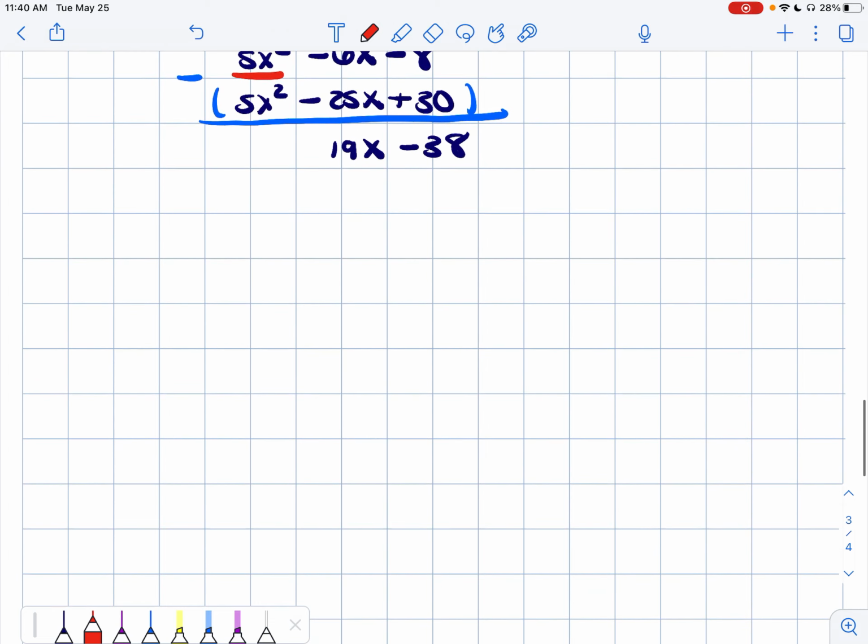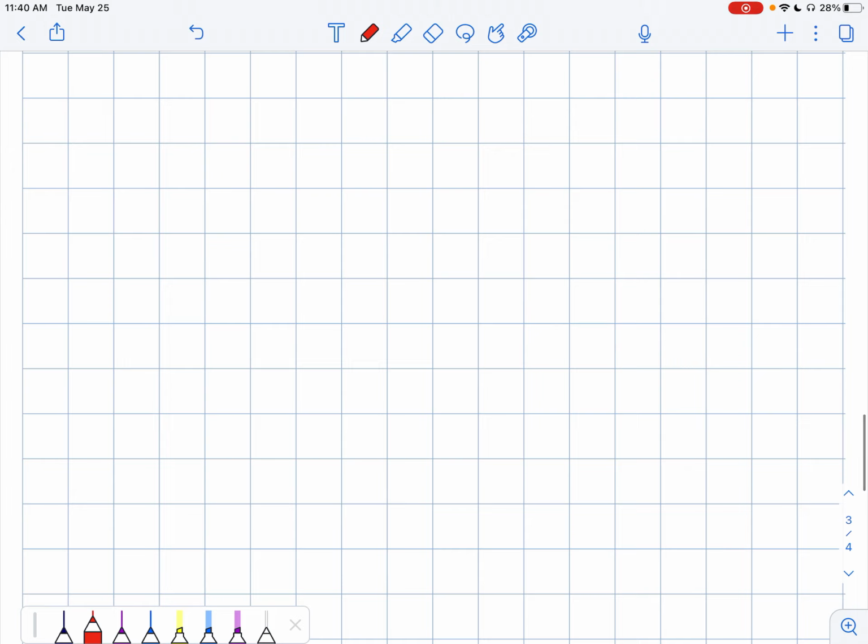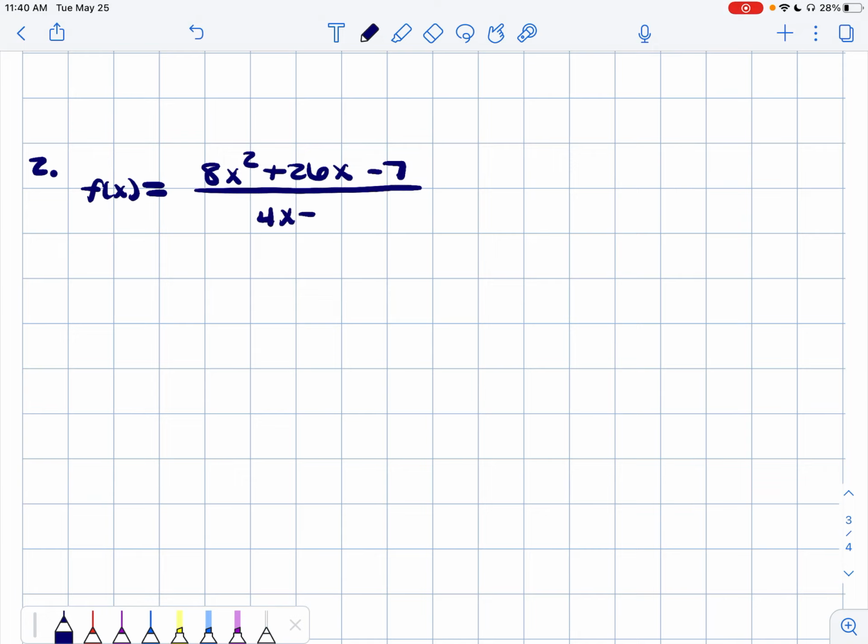All right, let's go ahead and look at another example. Say we have f of x is equal to, let's do 8x squared plus 26x minus 7 all over the quantity 4x minus 1. And again, we're trying to find our slant asymptote if we have one.